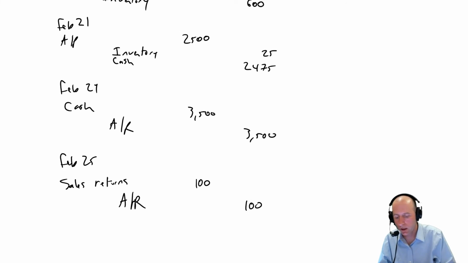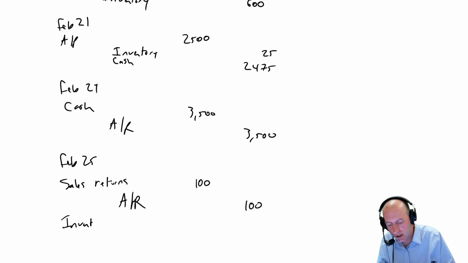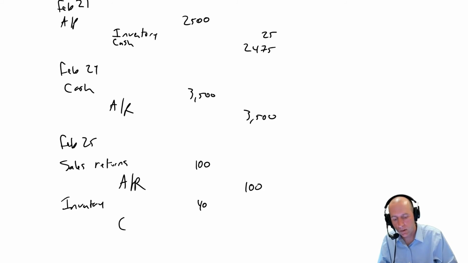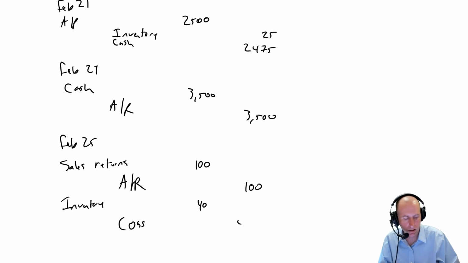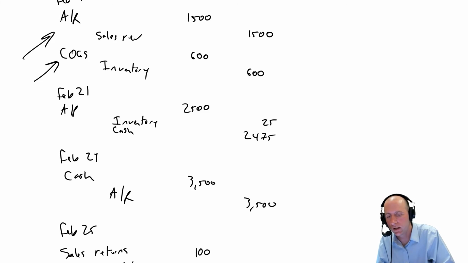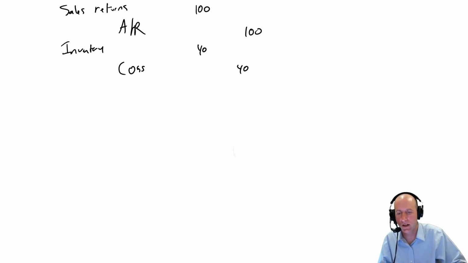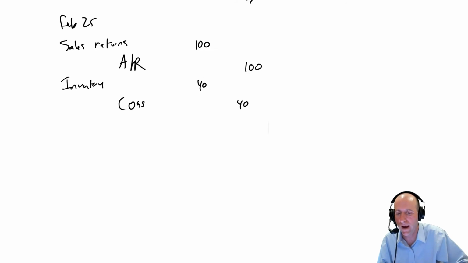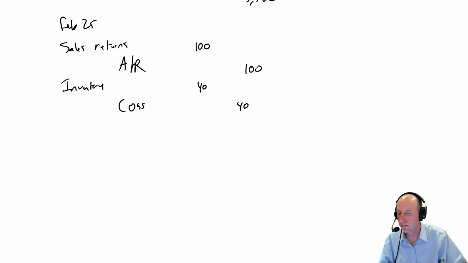So far, so good. We got to put the inventory back on the shelf, and it's $40 worth of our inventory. The credit is to COGS to say, okay, that stuff that we said was goods that we sold, we didn't sell it, right? We went debit COGS, credit inventory. Now we're saying reverse that. That sale didn't happen. Flip that portion of the sale back. So there, we've done it.